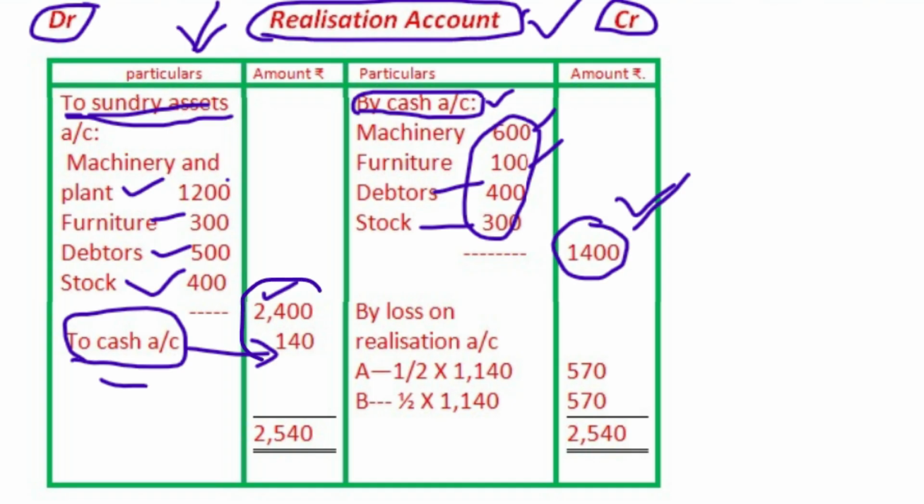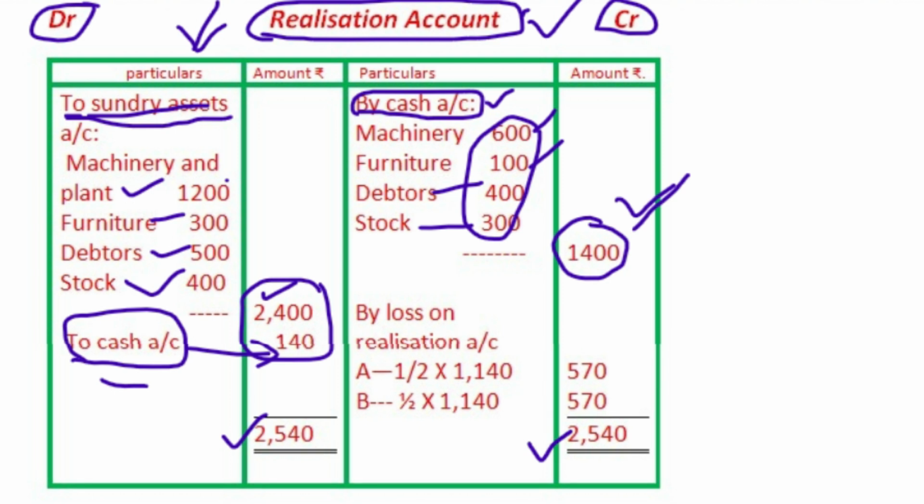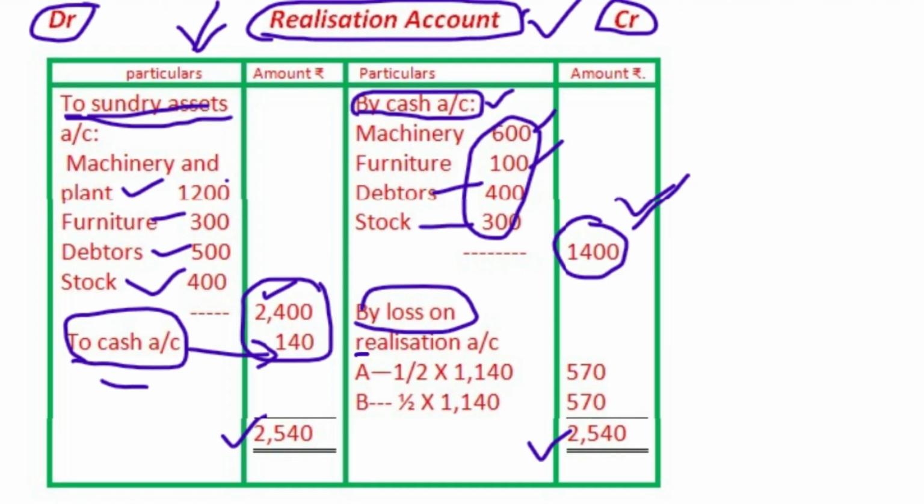So the debit side is greater than the credit side, and the difference represents a loss on realization, which is to be transferred to the partners' capital accounts A and B.